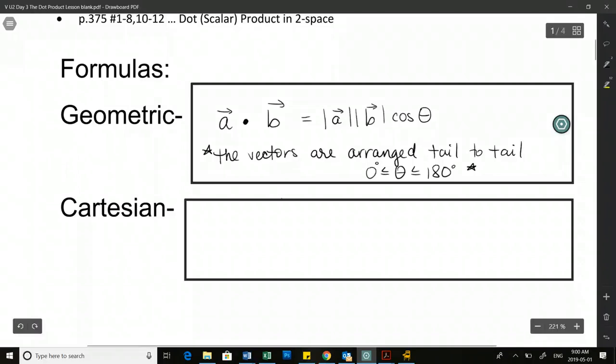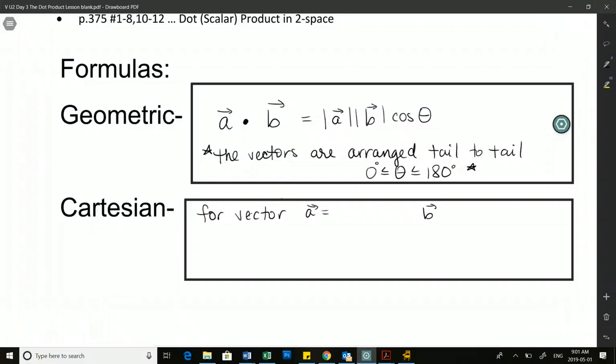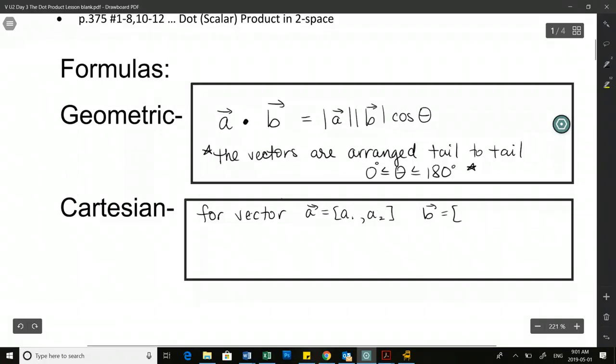But for Cartesian, this is actually a little bit easier. So if we have two vectors, A and B, and I have the x component of A and the y component of A, we usually call these A1 and A2, although you can call them A with a subscript of x and A with a subscript of y.